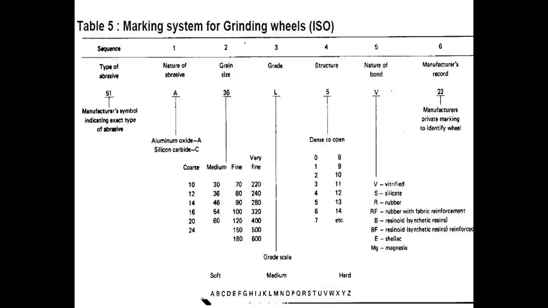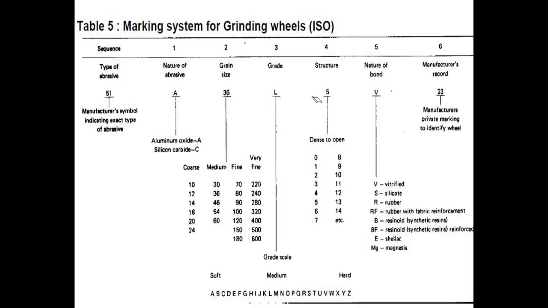These grinding wheels are used to grind soft materials like aluminum, magnesium, or even plastics, which are also very soft. In between, if the letter is L, it is medium, in the center of the alphabet. This medium grade is used to grind medium materials like mild steel or copper.